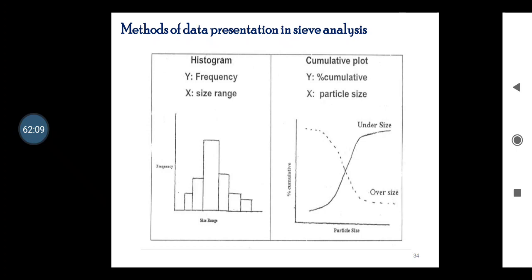So for the data presentation, once again I am going to repeat: if your sample contains particles in a range of diameters, then you can plot your histogram. But if your powder sample maintains uniformity, then you can go for plotting a cumulative plot, that is percent cumulative versus the particle size.